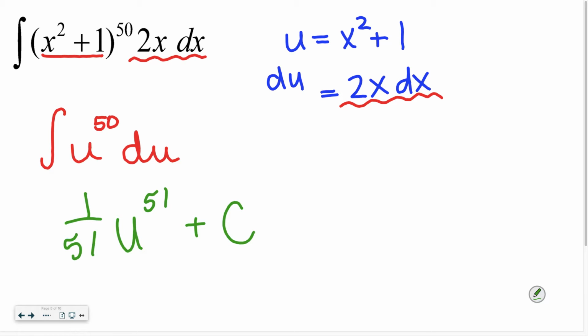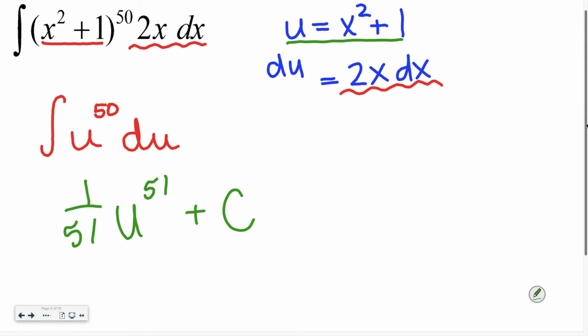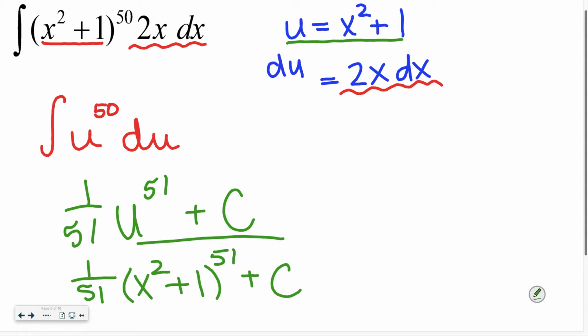But would I want you to leave your answer like that? No, we need to take this and change it back to something in terms of x. So since we set u equal to x squared plus 1, we need to write this as 1 over 51 times x squared plus 1, the quantity to the 51st, plus c.